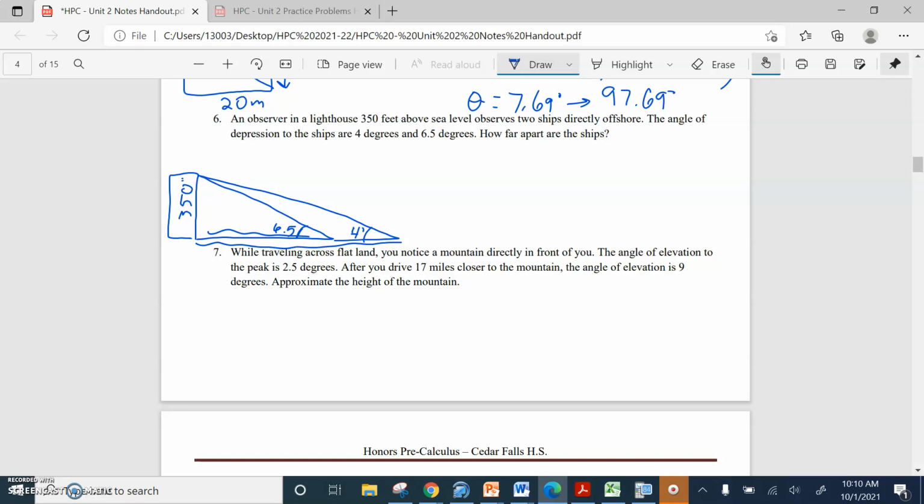So if we set up those trig functions, we have the angle 4 or 6.5, we have the opposite side, and we're looking for the adjacent side. So another tangent problem. Tangent of, let's just go with 6.5.